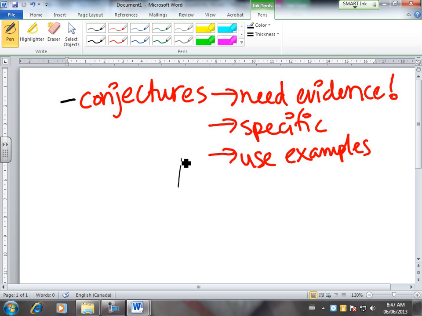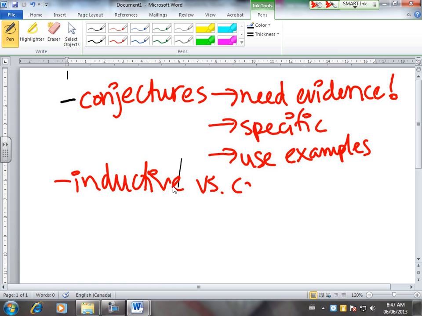So for inductive, know the difference between inductive and deductive reasoning. That's really important, okay? So know that inductive goes from specific examples to general rules, whereas deductive goes from a general statement to a specific example.